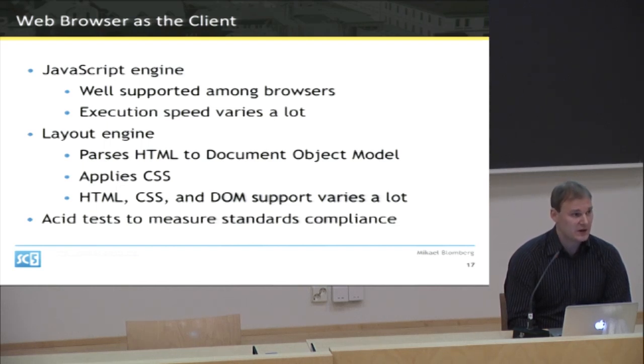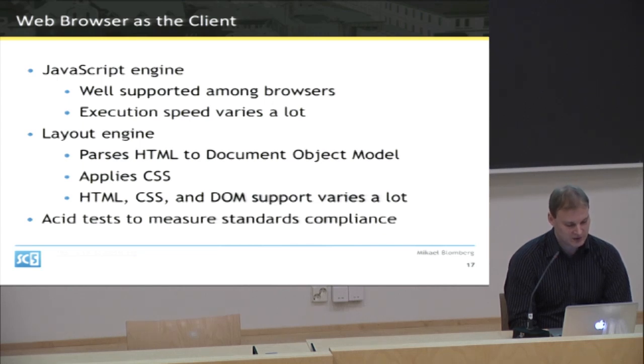We all know that web pages are HTML. So when the browser is asking for a page, it's getting this hypertext markup language page, and then it's parsed to a document object model tree.